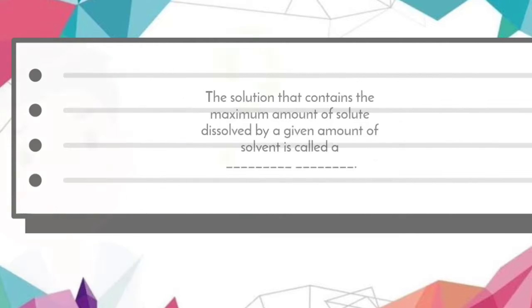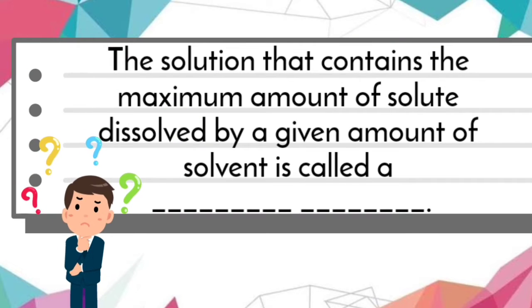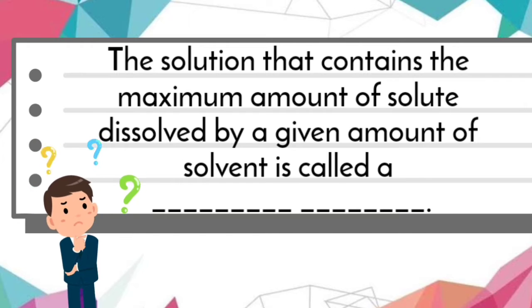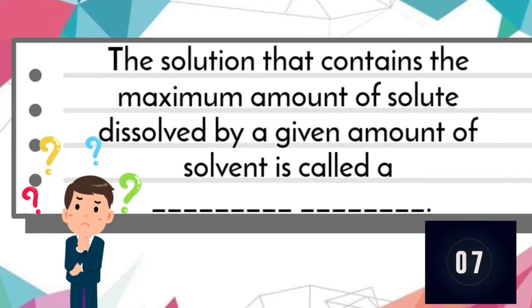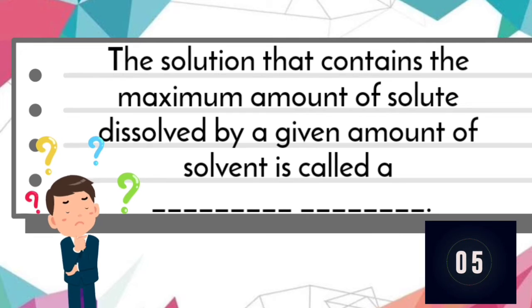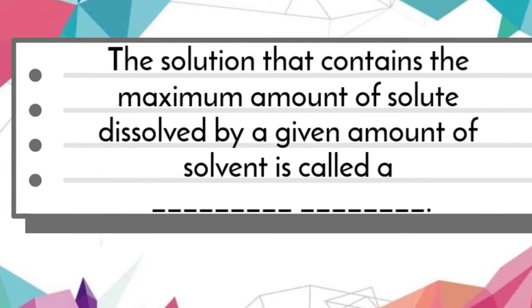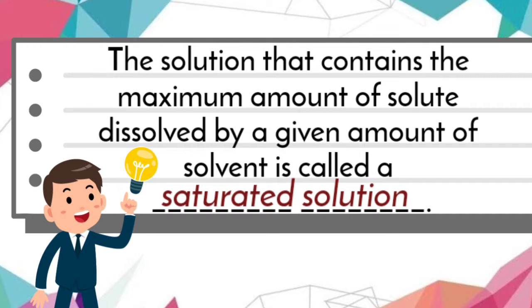Next, the solution that contains the maximum amount of solute dissolved by a given amount of solvent is called a blank. Very good! The answer is saturated solution.